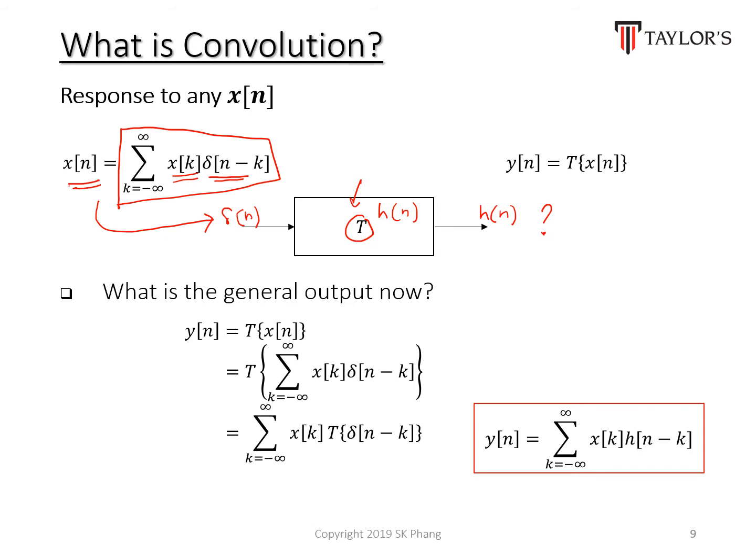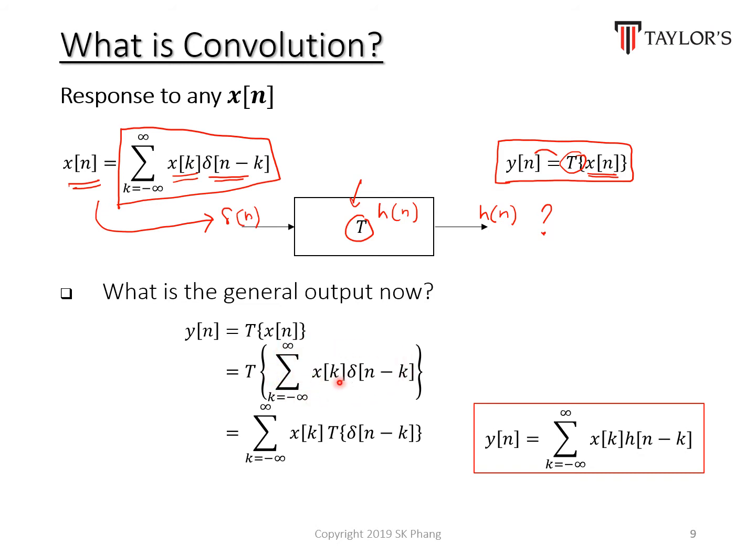Remember that our system is basically a function. Any input will be transformed by our system to produce the output. In this case, y[n] is the transformation of x[n], and the x[n] over here is our random signal, or any signal that can be represented by some constants multiplied by a train of impulses.